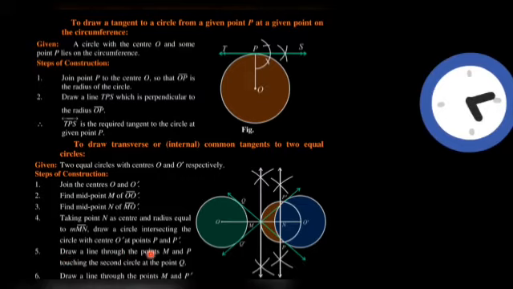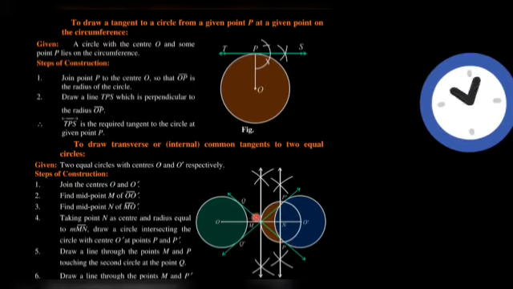Now draw a line through the points M and P touching the second circle at the point Q. Similarly, from this point I draw a line to the point P prime and extend it further, and backwards as well. This line should touch the circle with center O at point Q prime.